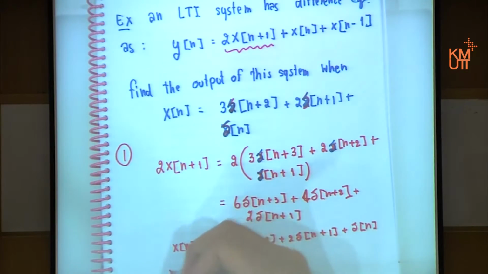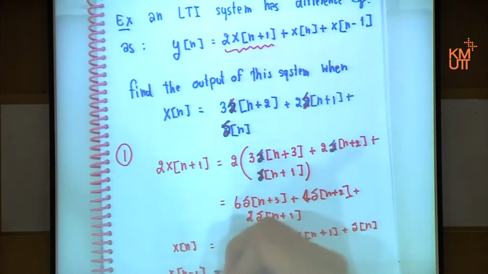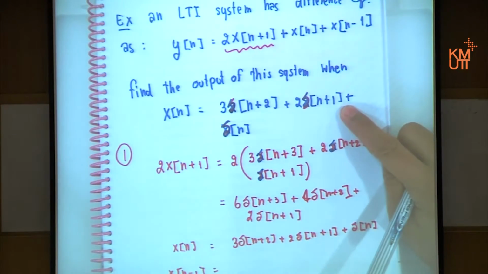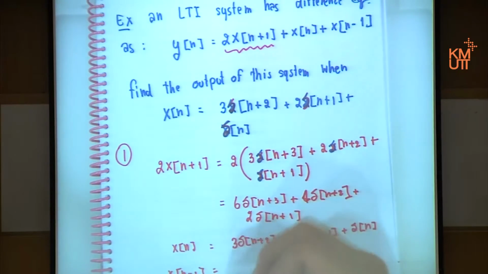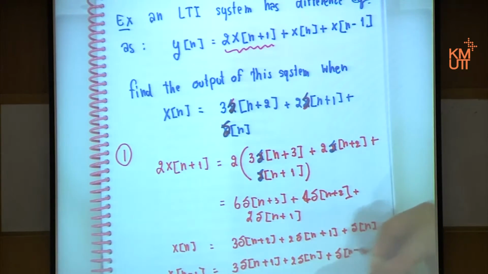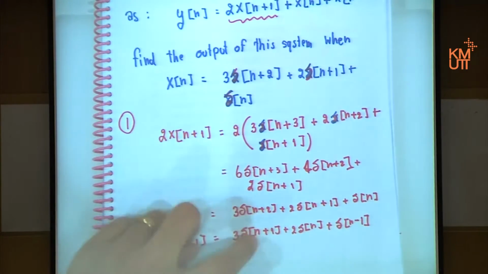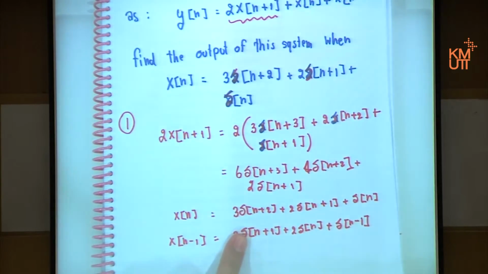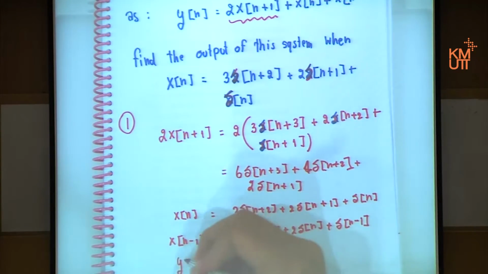For the last term, x[n-1], you just shift your x[n] to the right by 1 unit. So you get 3δ[n+1] plus 2δ[n] plus δ[n-1]. That's it. And then you sum the results of these three terms together, you will get your y[n].